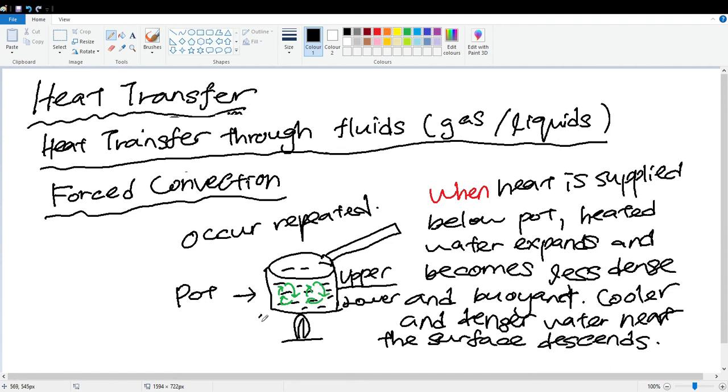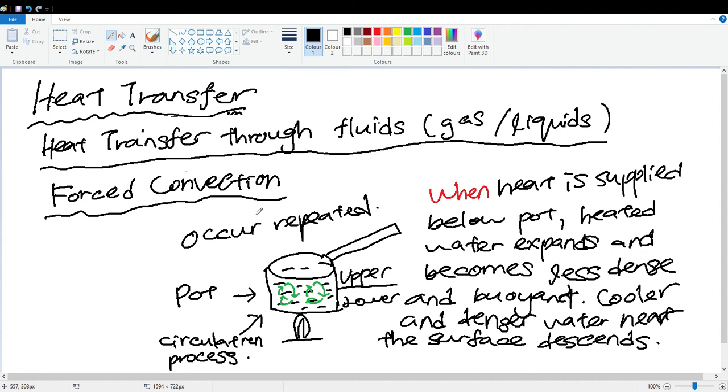So this is the circulation process, in which the hot water and the cold water keep changing position, with the hot water moving to the upper parts and the cold water moving to the lower parts. Okay, so this is the forced convection.